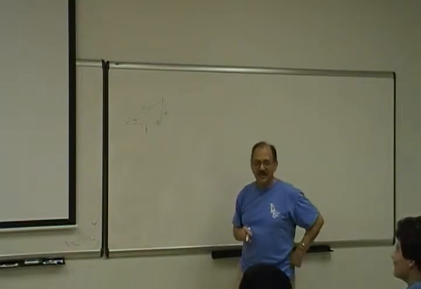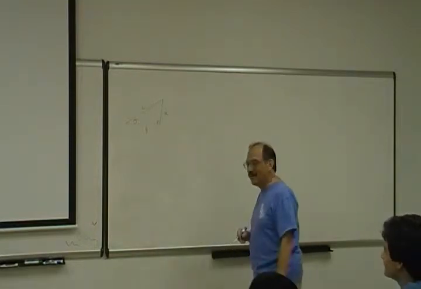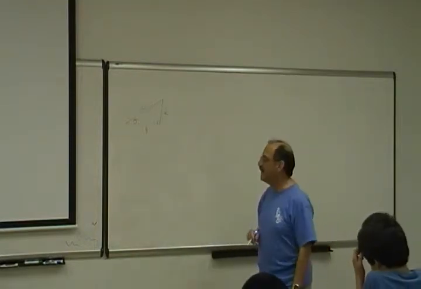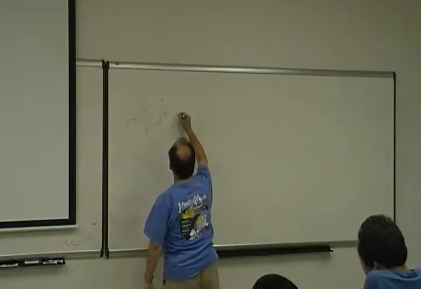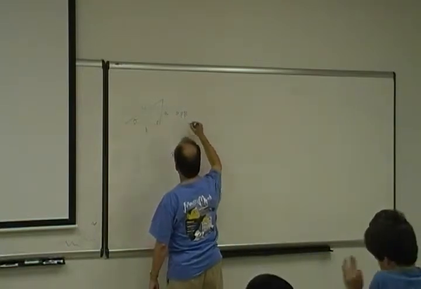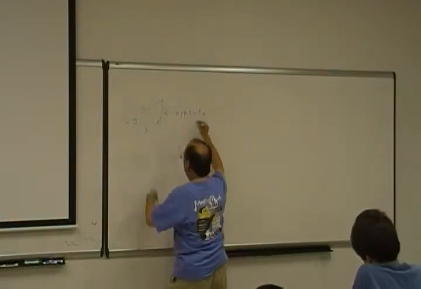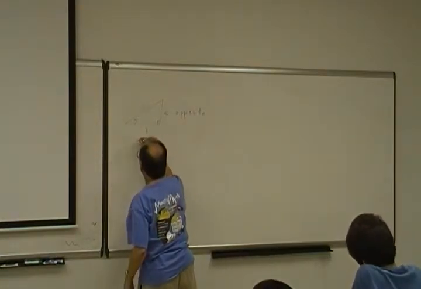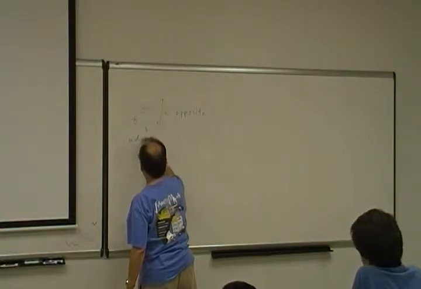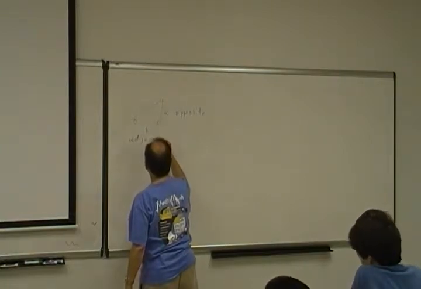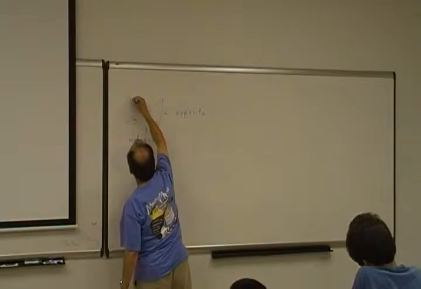A and B make sense when I do it that way. This side is called the opposite side, opposite to the angle theta. This side next to it is called the adjacent. And this one is the hypotenuse.